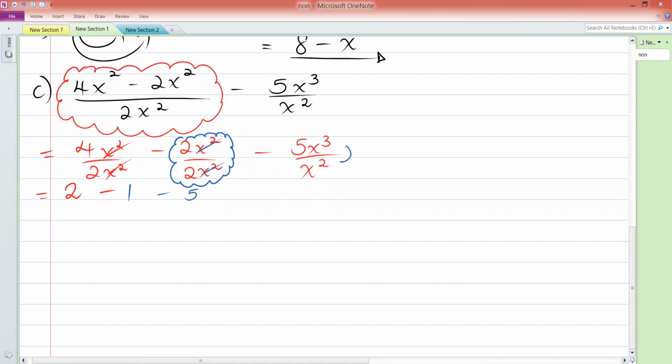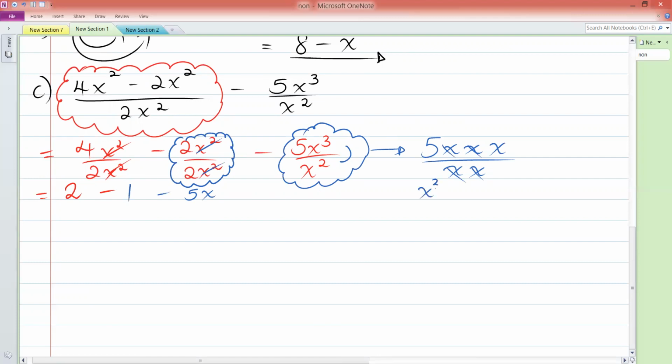Now, what do we do here? There are two ways of working out a question that looks like this. Some people like to write out the x's. If it's x to the power of 3, how many of them are there? There are 3. And then you cancel out and you're just left with 5x. The other way is to say, if I'm dividing bases which are the same, what do we do to their powers?